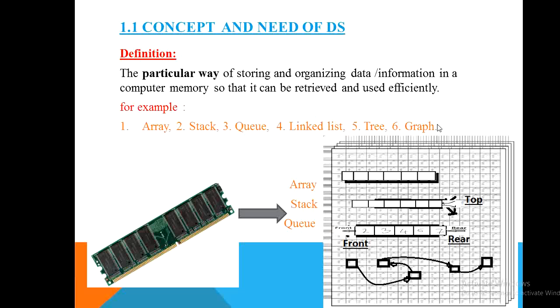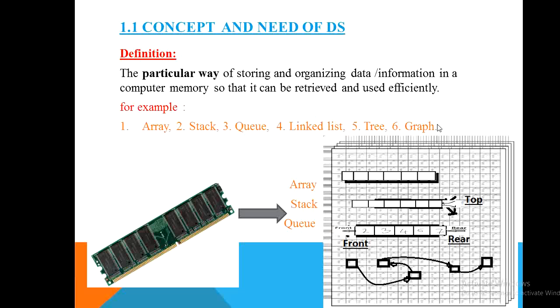Now we have to learn the data structure, right? Data structure is a very important part of computer science. Different kinds of data structures are meant for different kinds of applications. Data structures are used in almost every program.